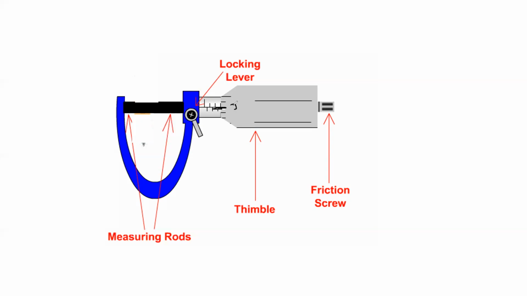The zero of the main scale and circular scale should be in line. It shows that there is nothing placed between the micrometer jaws. But in practice it does not happen, because some micrometers might deform, so this zero might not be in line, and we call this error a zero error. Okay, sir. Thank you.